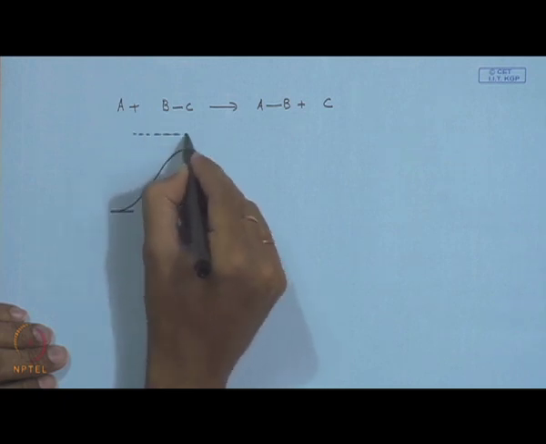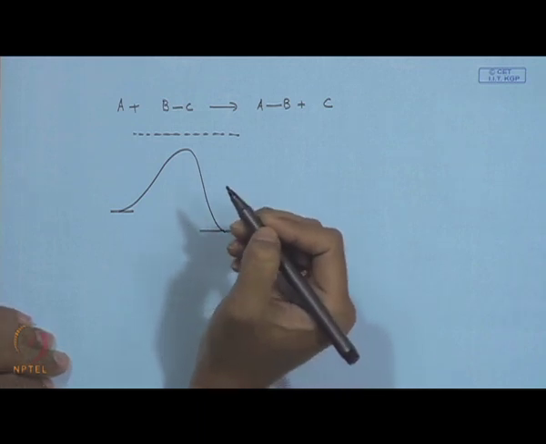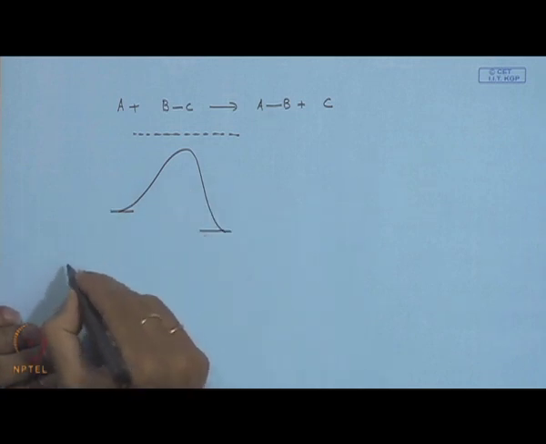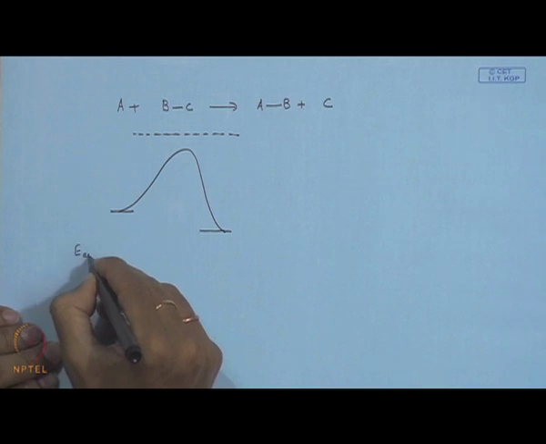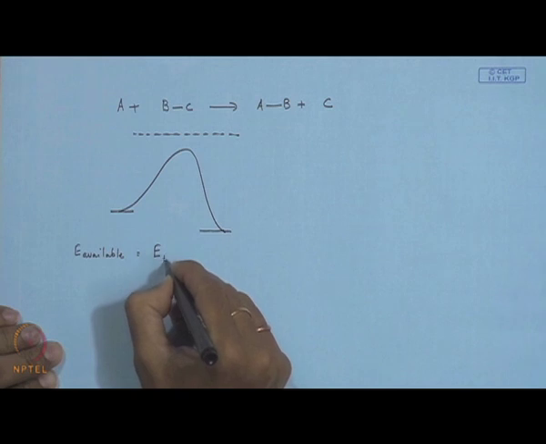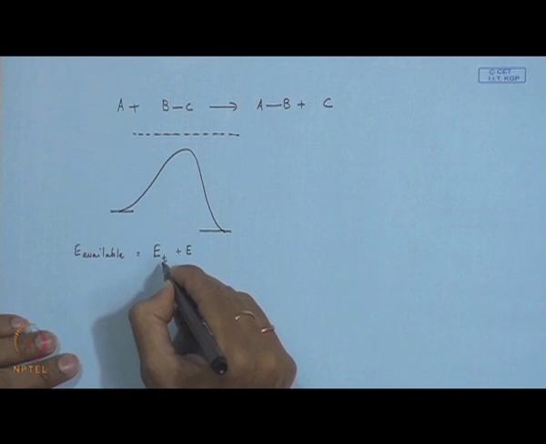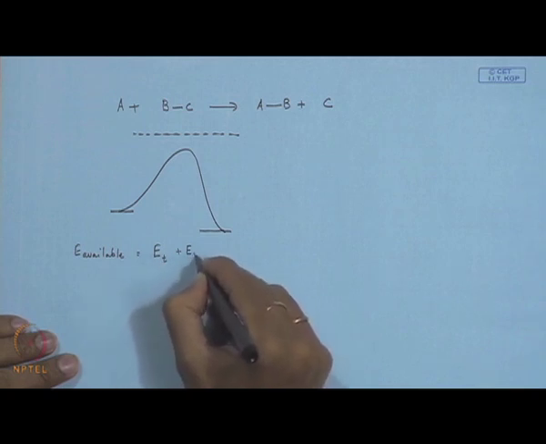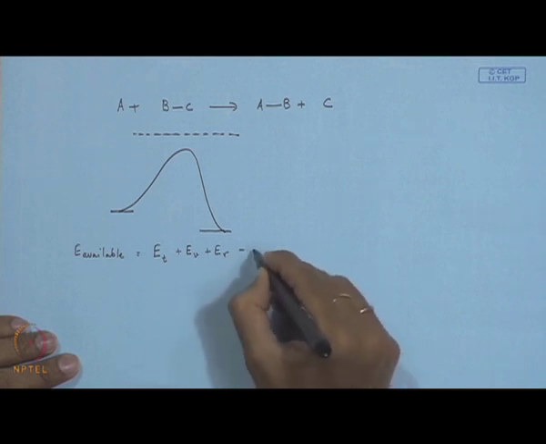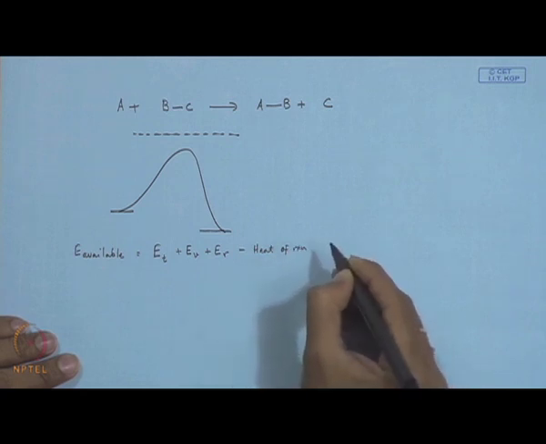So the available energy you can write as E available is E total plus E translation plus E vibration plus E rotation, minus the heat of reaction, the enthalpy of reaction.